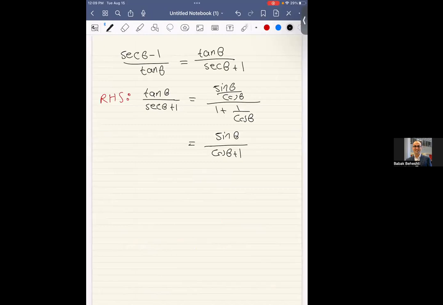Make sense? Okay, so over cosine theta plus 1, we have sine theta.